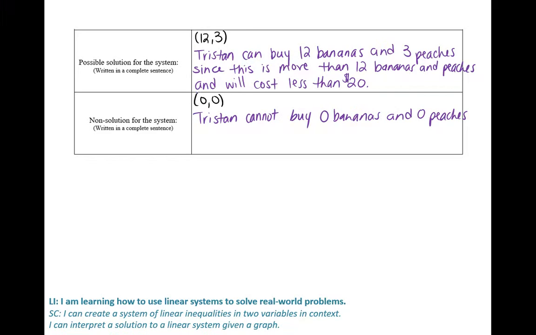So specifically here, Tristan cannot buy 0 bananas and 0 peaches, since this does not meet the criteria of buying more than 12 bananas and peaches.